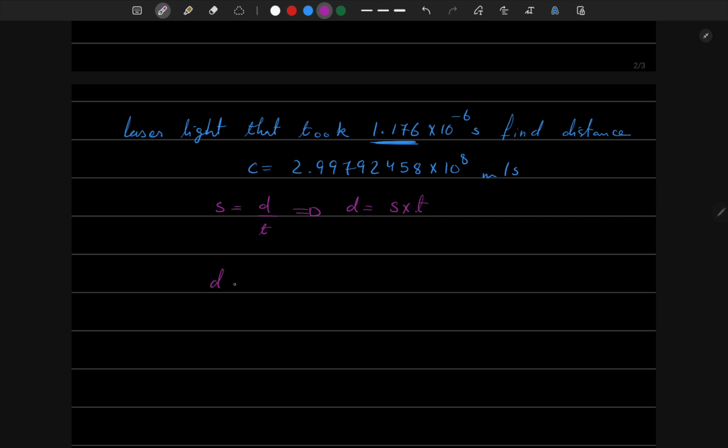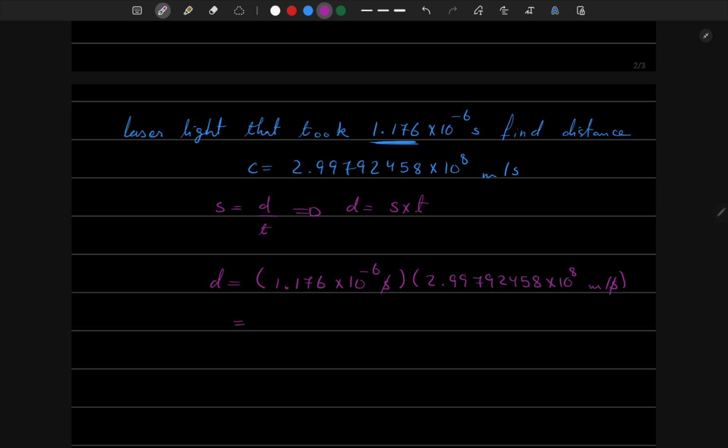The distance covered by the laser light is going to equal 1.176 multiplied by 10 to the power of negative 6 seconds, multiplied by the speed of light, which is 2.9979245 multiplied by 10 to the power of 8 meters per second. Seconds divided by seconds equals 1.